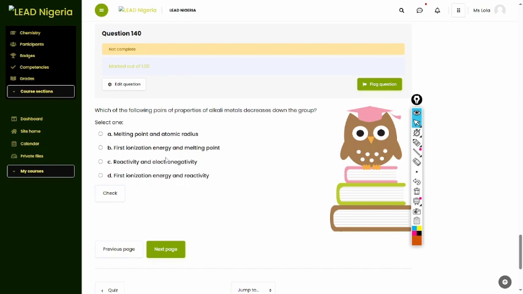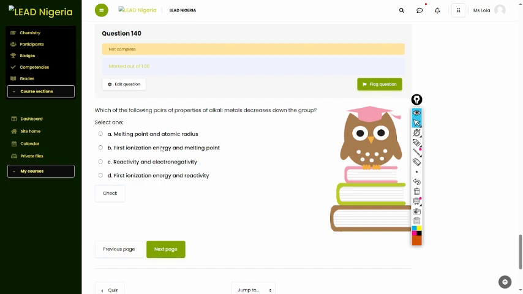Okay, so going down the group, the first ionization energy decreases. Oh, the atomic radius increases. Did I say it decreases? It increases because as you're going down the group, the number of electron shells increases, and then the distance from the outermost shell to the nucleus also increases. So the atomic radius increases.